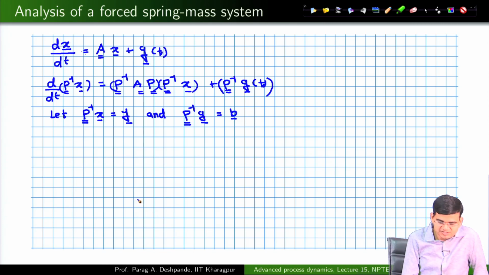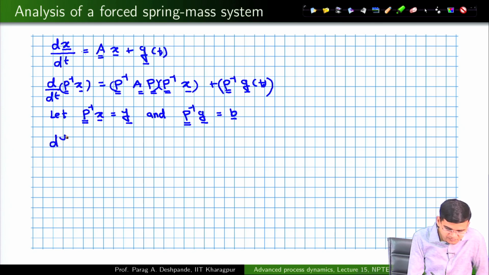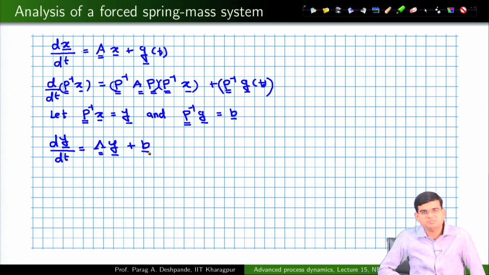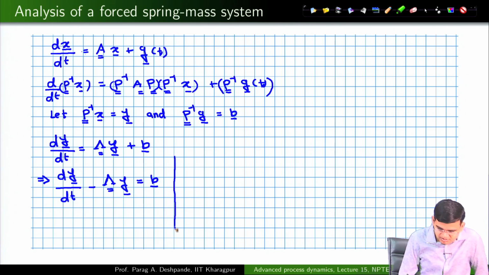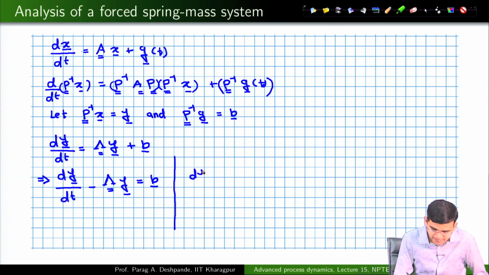Okay. So, if this be the case, my new equation would be dy/dt is equal to lambda y plus b, which can be rearranged as dy/dt minus lambda y is equal to b, and I will write an analogous equation as this, dy/dt minus lambda y is equal to b.